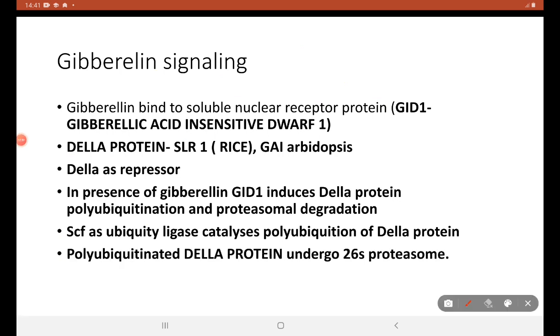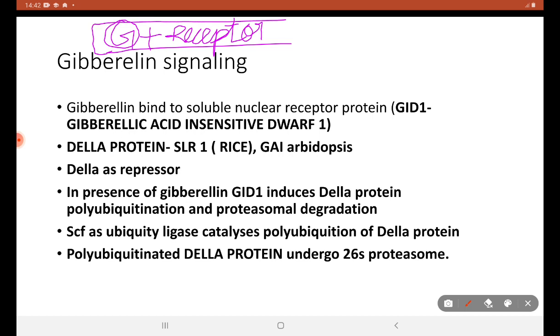First thing, gibberellin will bind to this receptor, the soluble nuclear protein receptor, that is GID1, gibberellic acid insensitive dwarf. Gibberellin acts as a ligand and will bind to this receptor.